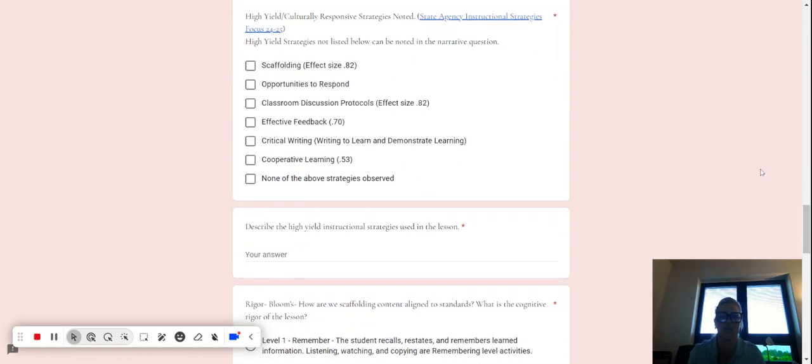Now, high yield instructional and cultural responsive strategies are listed here. And so remember, when you have the effect size of 0.4 or greater, anything below is like the student will improve based off just being in school. But if you go higher, so if you look at 0.5 for cooperative learning, you are going to grow kids exponentially on that. And especially scaffolding, classroom discussion protocols, and effective feedback.